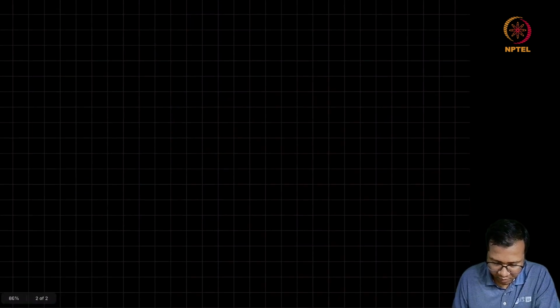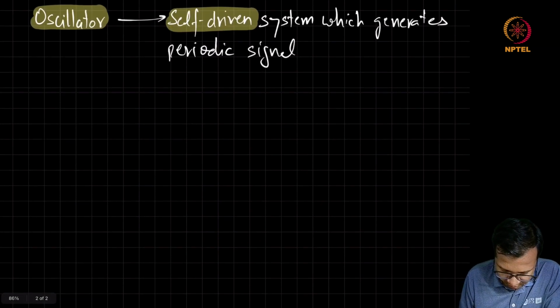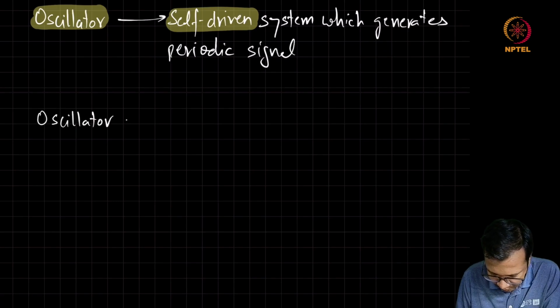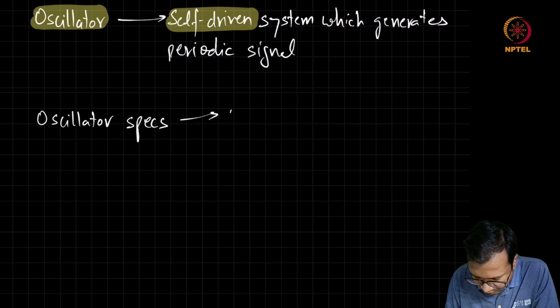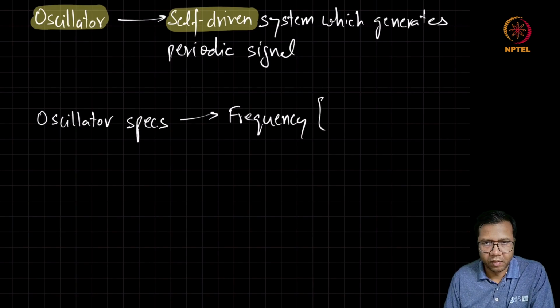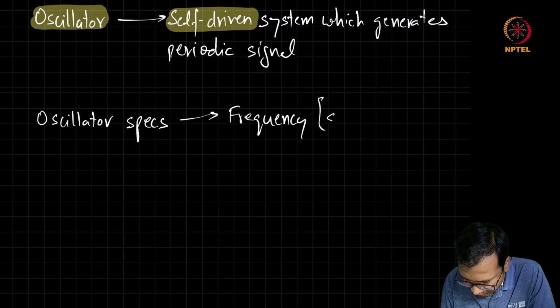So when we talk about oscillators, mainly we talk about the frequency, and to even understand how good the oscillator is, we have to specify the purity of this periodic signal. That is also called spectral purity.